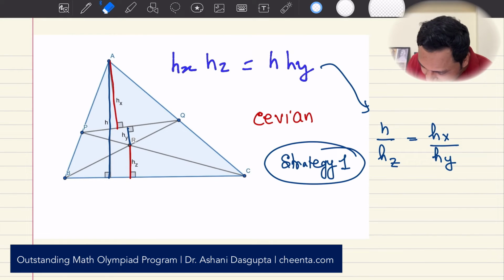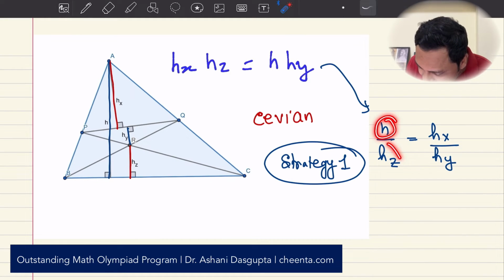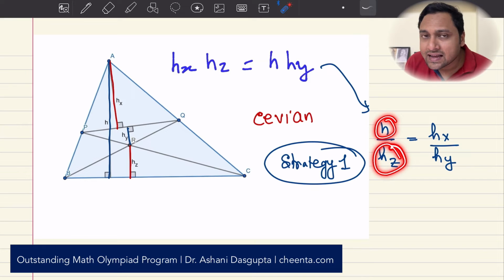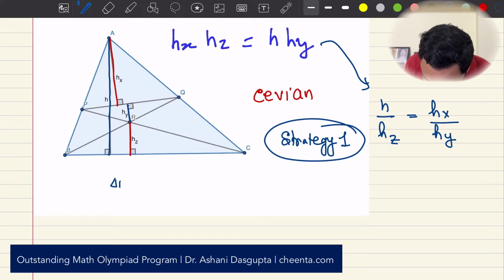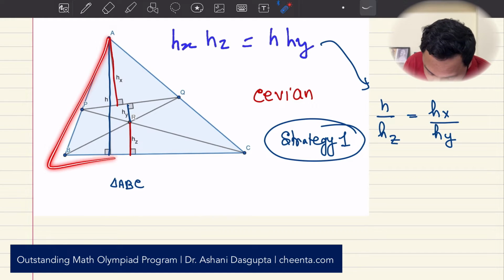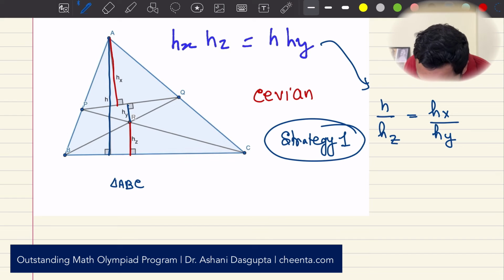So H over HZ, I'm going to write it as a ratio of areas. H is the height of the main triangle, triangle ABC. The area of it is half H times BC.